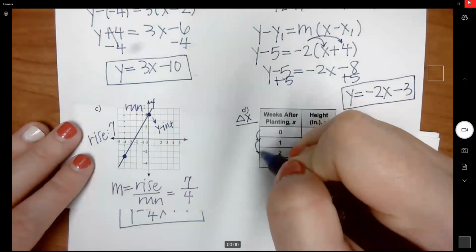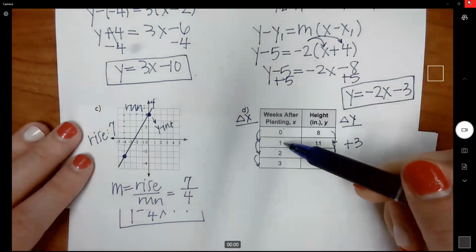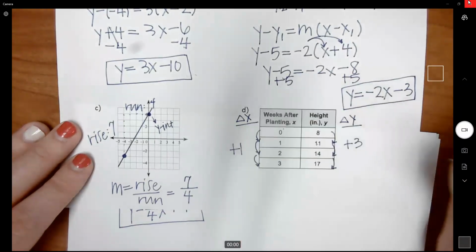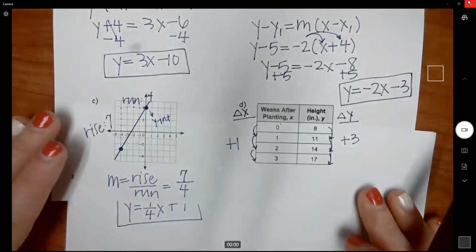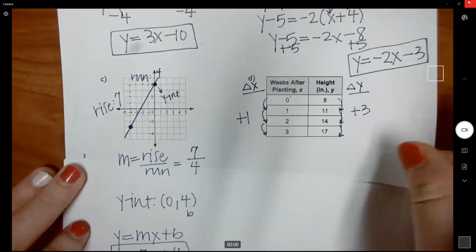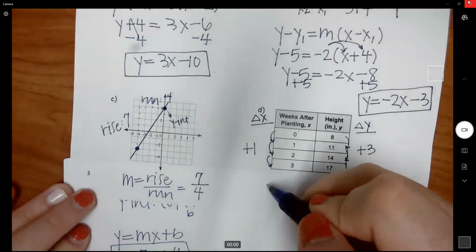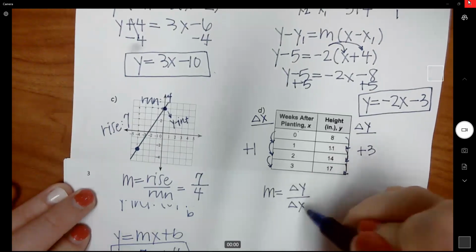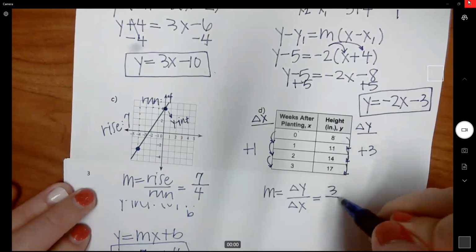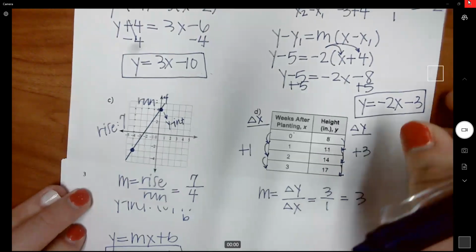What is my delta x? 0 to 1, we're adding 1. 1 to 2, adding 1. 2 to 3, adding 1. So my slope of delta y over delta x is 3 over 1, which is 3.